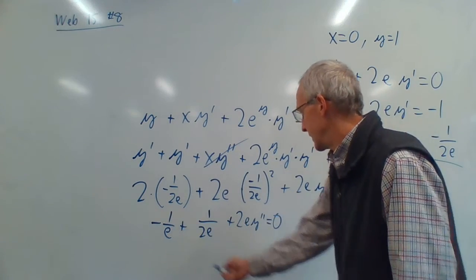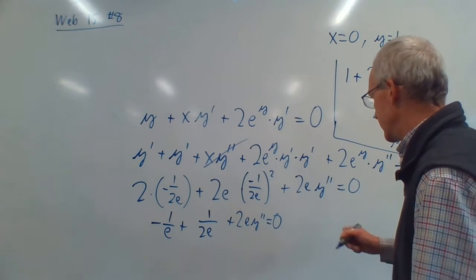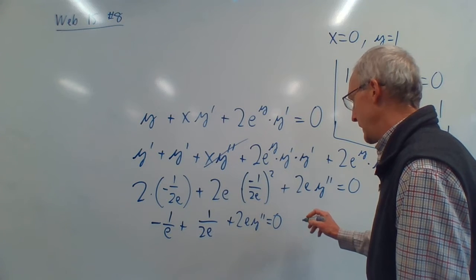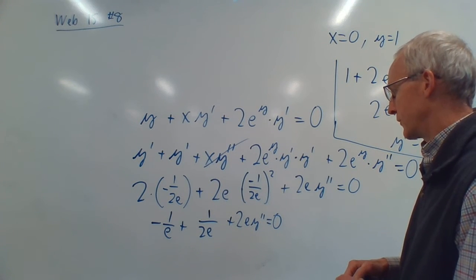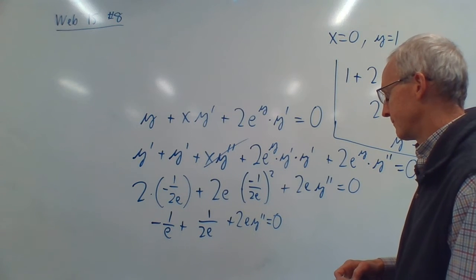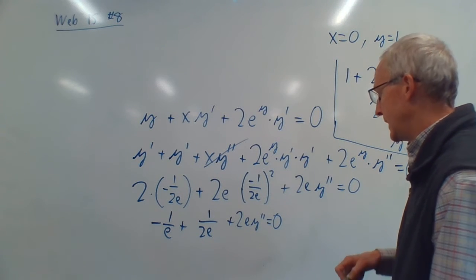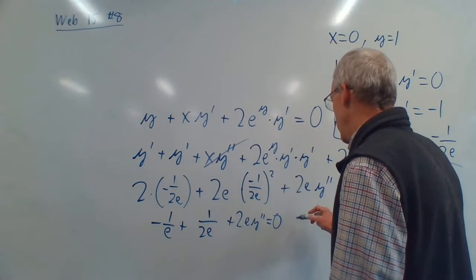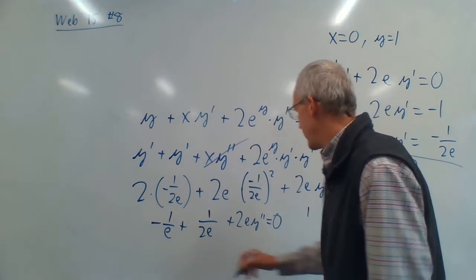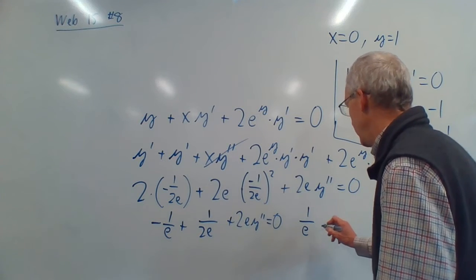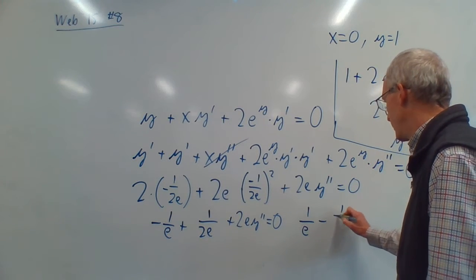Let's put these on the other side. Oh wait, let's see if we can do something clever here. I don't know. Let's just put those on the other side. So I have 1, the negative becomes positive, so 1 over e minus 1 over 2e.